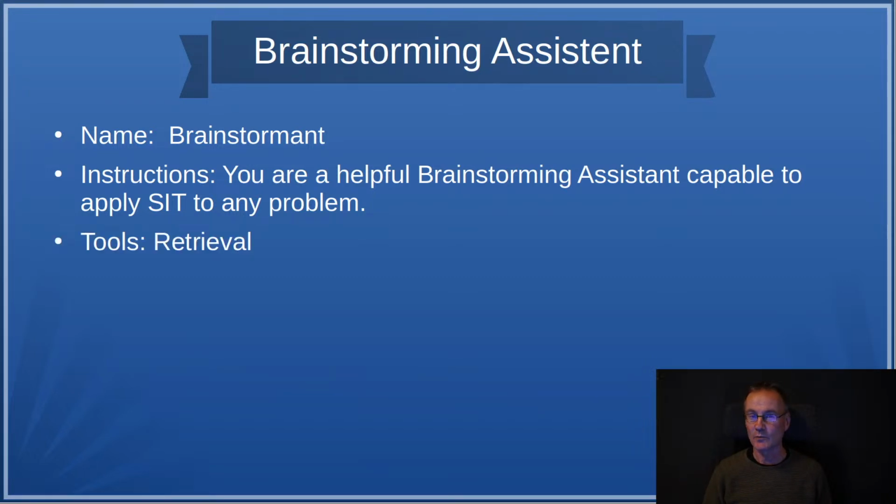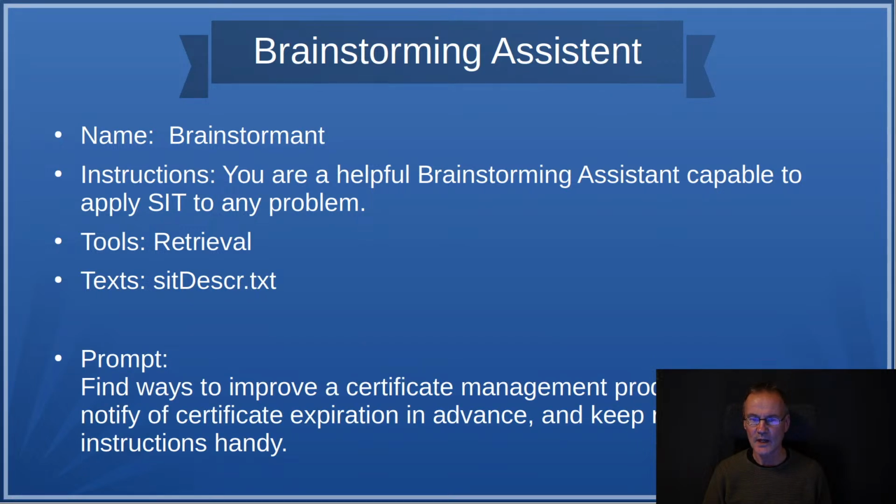The tool we will be using is retrieval, or in other words, I will upload a file that contains this SIT algorithm, or a description of how SIT is supposed to work, so that ChatGPT has something to work from, a framework more or less. And that is all that the assistant needs from us.